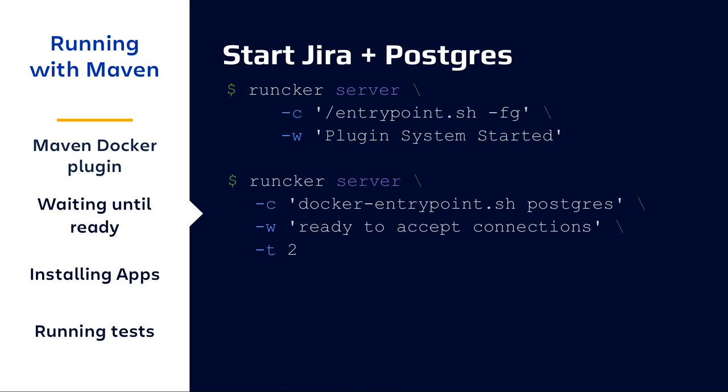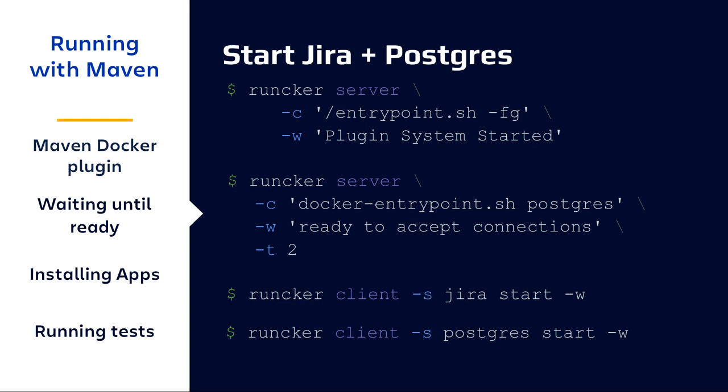So in case of Jira plus Postgres, it will work literally this way. We will replace the command of Jira with runker server, passing the entry point. That's the default command, which has to be run inside of a container. And we wait until the phrase "plugin system started" is present in the output. That would mean that Jira started.